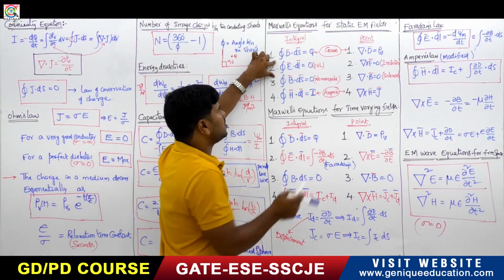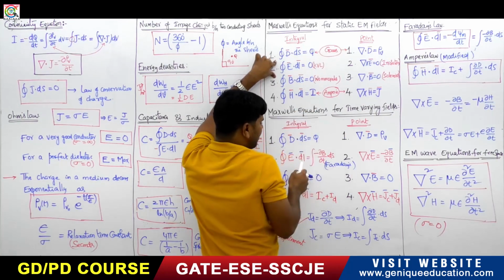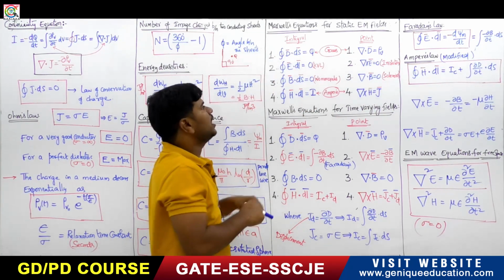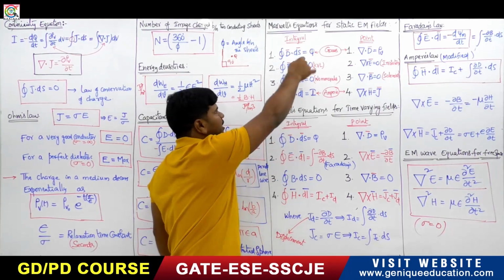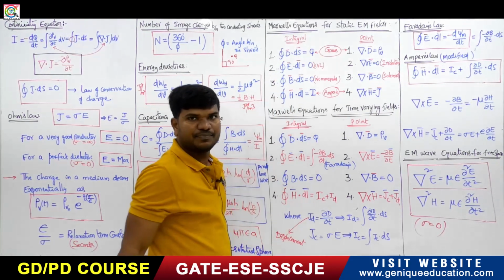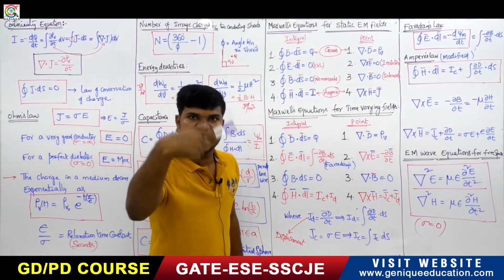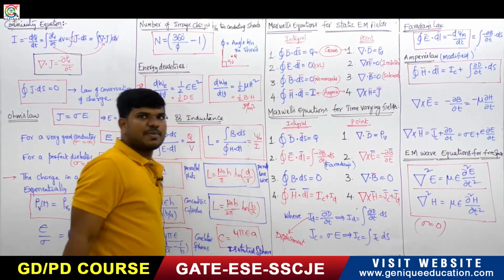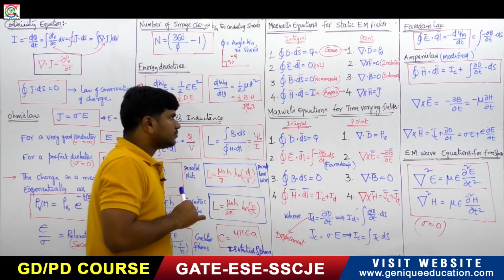In that, it is 0, but in this, it is a non-zero value. Why? Because it is a static field. It is 0, representing the KVL. All the voltages are taken as DC voltages, so the algebraic sum of the voltages is 0.